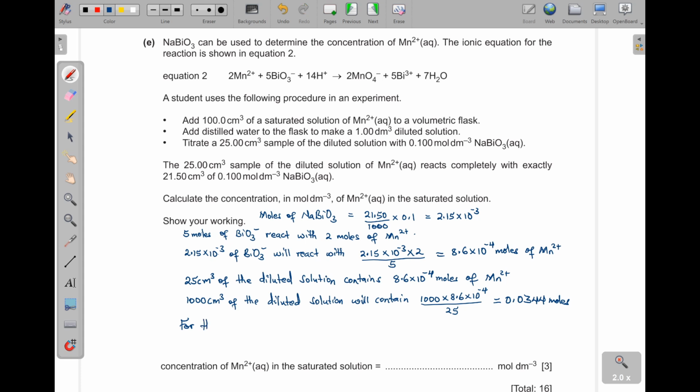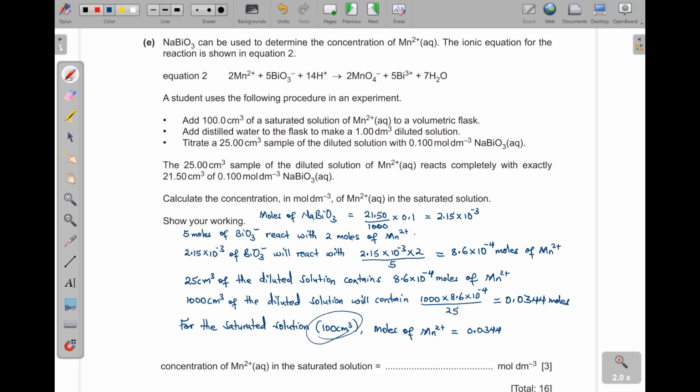So for the saturated solution, that is 100 cubic centimeters, the moles of manganese 2 shall be equivalent to 0.0344, then multiply it by 10, because in 1000 you have 10 hundreds altogether.